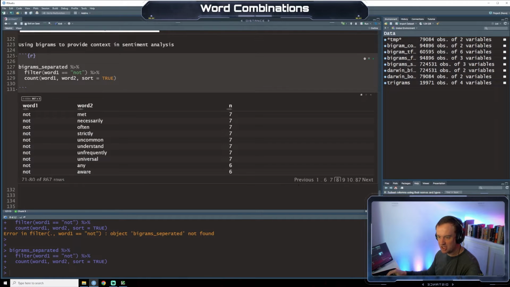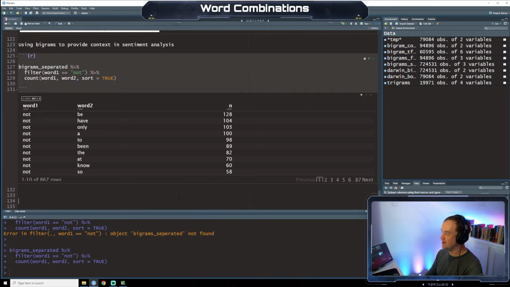Well, my example was good. So not is a negative score, that's a negative word, and then a word like good or know, as in K-N-O-W, not N-O, might be a positive word. And so the combination means more than the words individually.